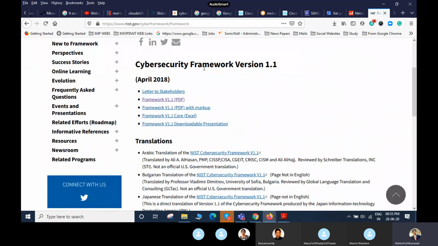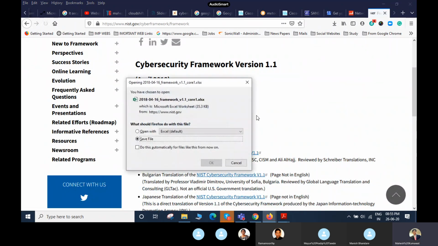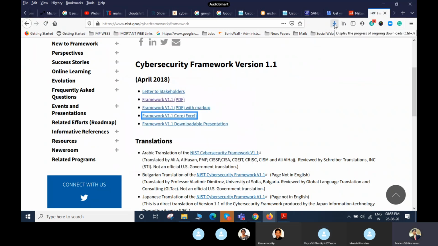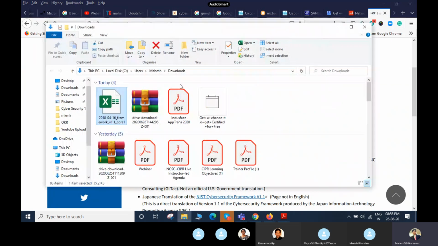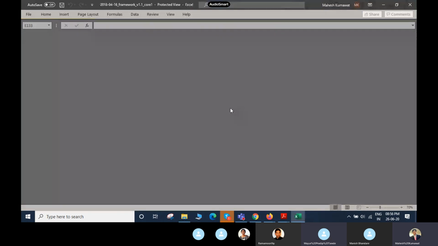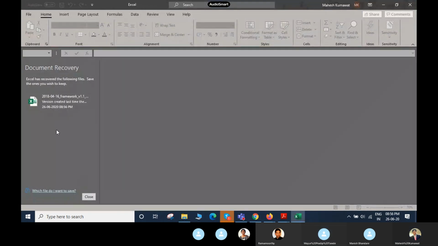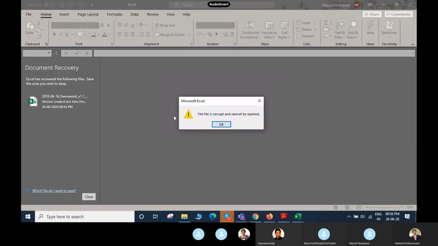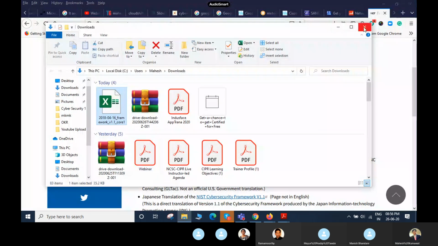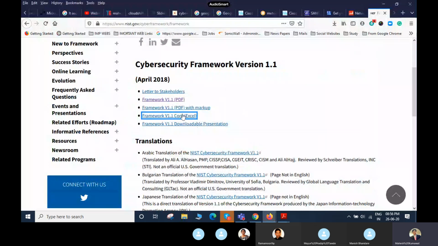What I'm going to do right now is open an Excel file, and this is what you'll be doing in auditing. I'm going to open the PDF.